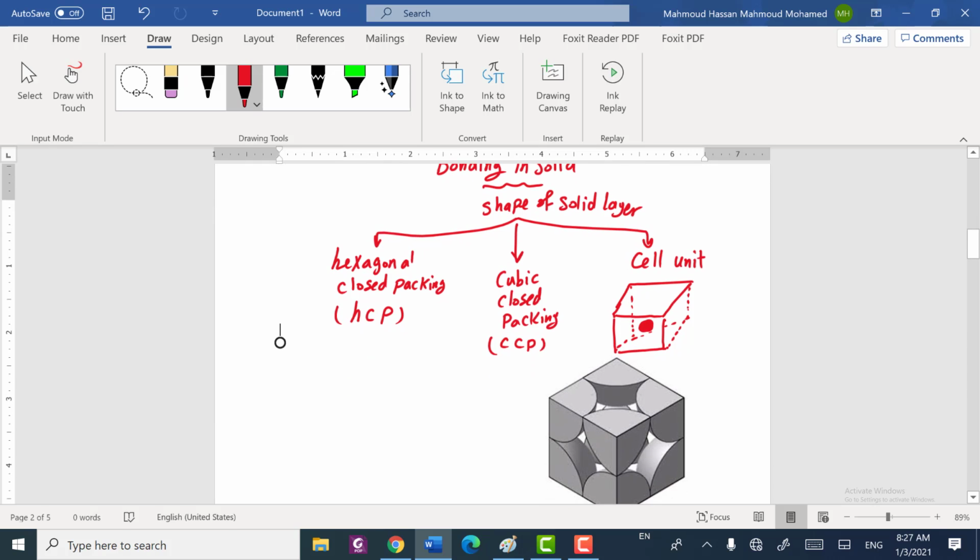The closed packing will find the crystal at the center and nearby 2 atoms. This is called cubic closed packing. But in hexagonal, we'll find the atom surrounded by 6 atoms. This is called hexagonal closed packing.